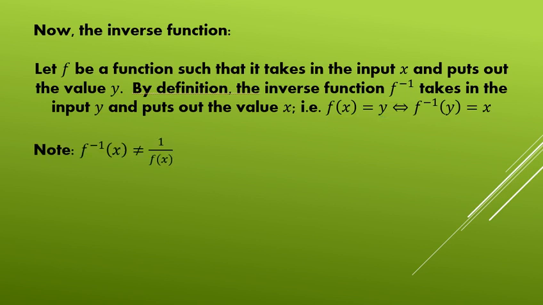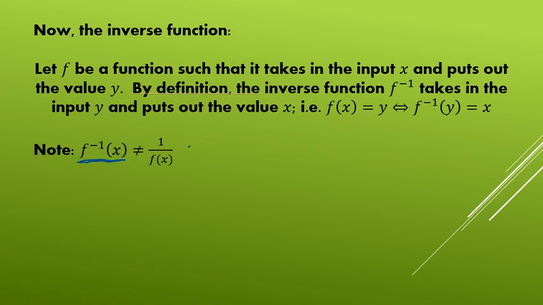Now, earlier on in the video, I said there's a common error that people tend to make when they think of the inverse function and they look at this notation here. This is not the same thing as 1 over f. This right here is the reciprocal of f. This is not the inverse of f.